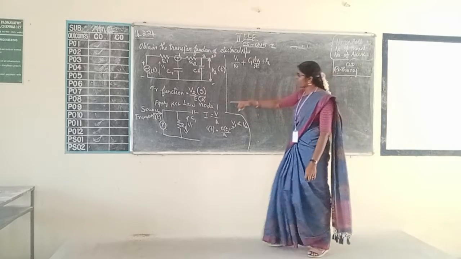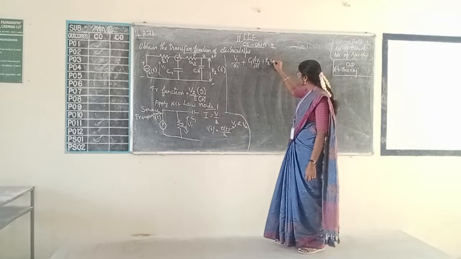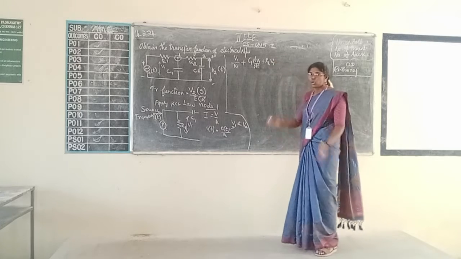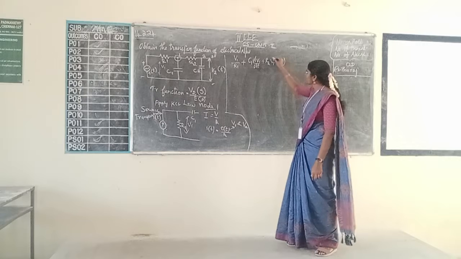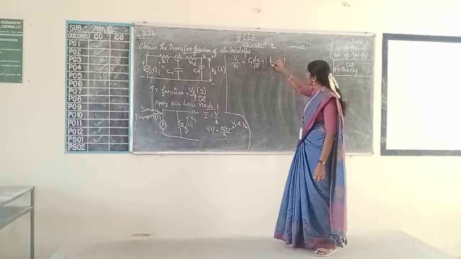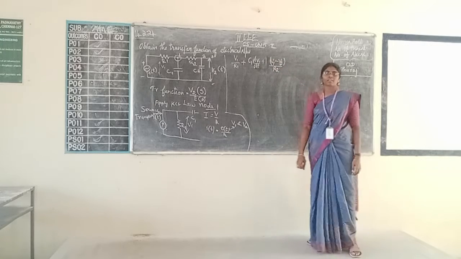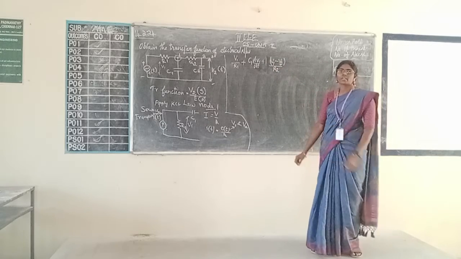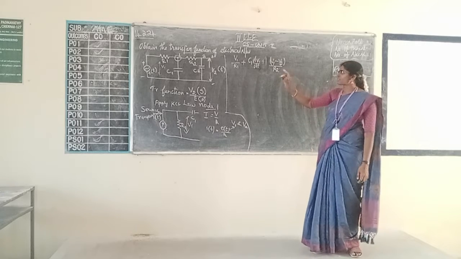Now we are applying for node 1. So it will be V1 minus V2, that is V by R, right? So V1 minus V2 by R2, because we have considered a current source. So it is V by R: V1 minus V2 by R, where the resistance across it is R2.